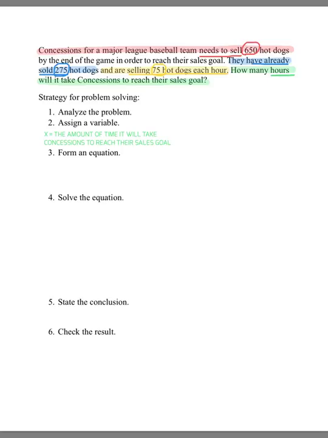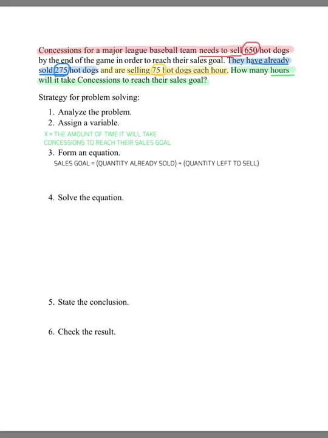So now we finished analyzing the problem, so let's start creating our equation. Now our equation is going to have the following structure. Keeping the sales goal in mind, there's ideally two things: what we've already sold and the quantity that's still left to sell. Let's start filling in this equation.